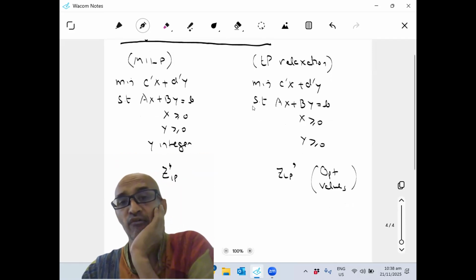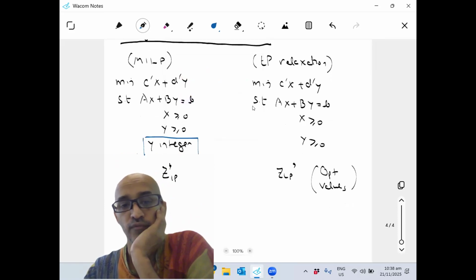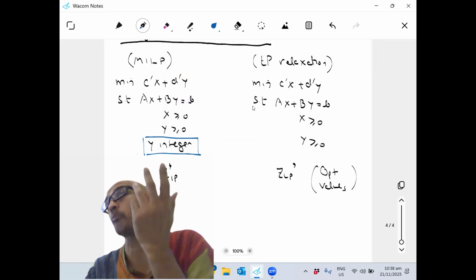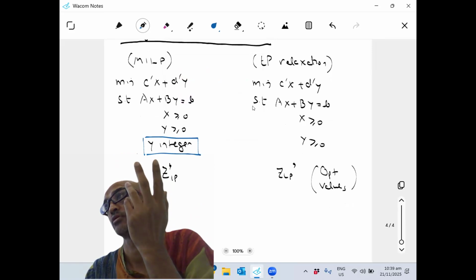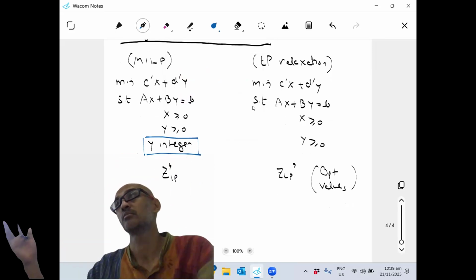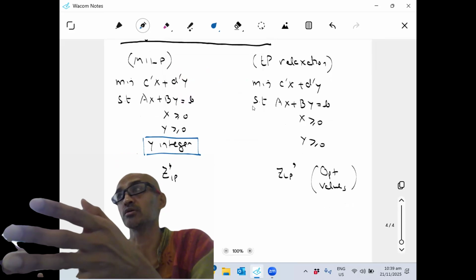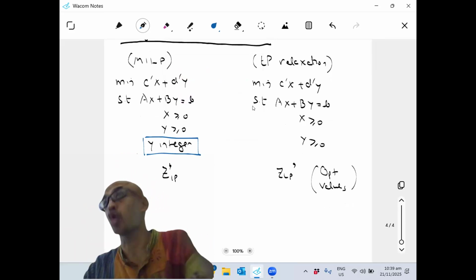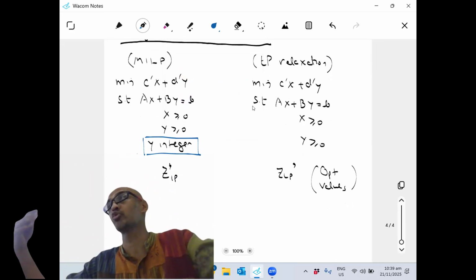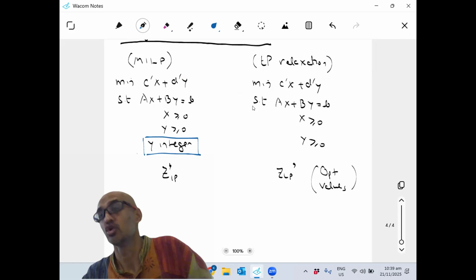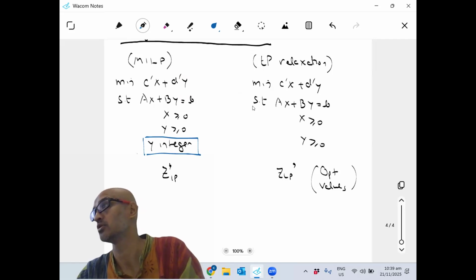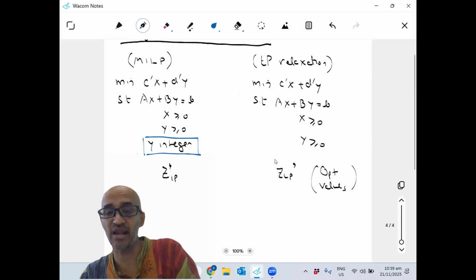Same constraints. I've only dropped constraints. So I'm making the feasible region bigger. If I drop constraints, I'm not constraining, I'm giving you more options. So there's a lot more space here to optimize than here. You have a bigger feasible region compared to this. So this is called an LP relaxation.